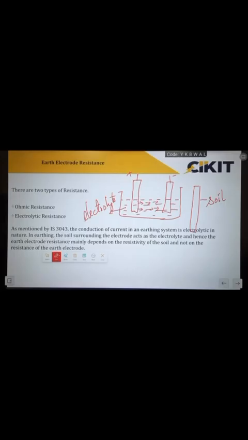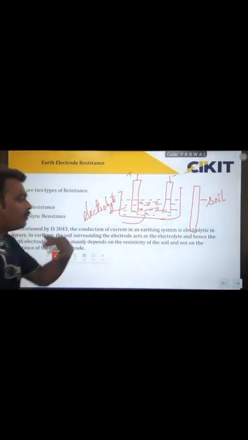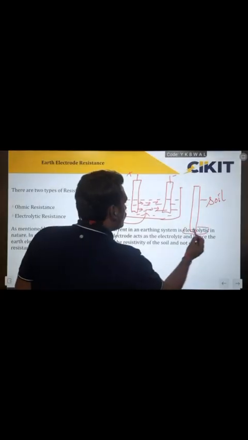The most important factor is the resistance of the medium surrounding the electrode. In our case, the electrolyte is the soil. Based on the resistance of the soil, the conduction will vary. So the resistance of the soil is the most important parameter in the earth electrode resistance. Here we are considering the electrolytic resistance and not the ohmic resistance.